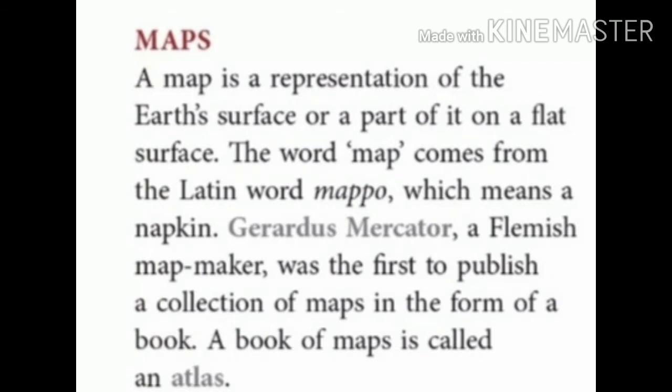The word map comes from the Latin word mappa, which means a napkin. Gerardus Mercator, a Flemish map maker, was the first to publish a collection of maps in the form of a book. A book of maps is called an atlas.